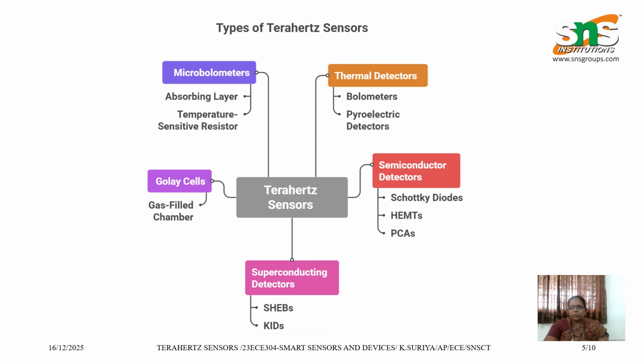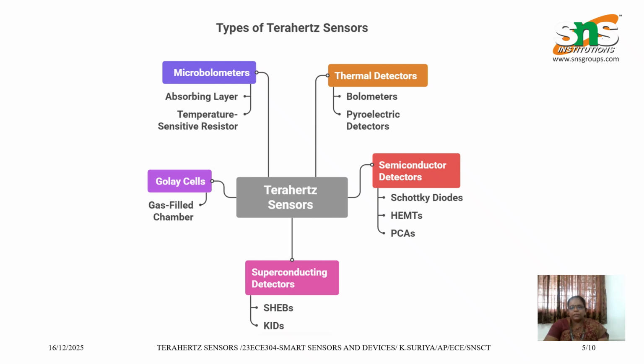Some examples include superconducting hot electron bolometers, where it measures the change in resistance of a superconducting material due to heating by terahertz radiation, and kinetic inductance detectors, where it measures the change in the kinetic inductance of a superconducting resonator due to absorption of terahertz photons.